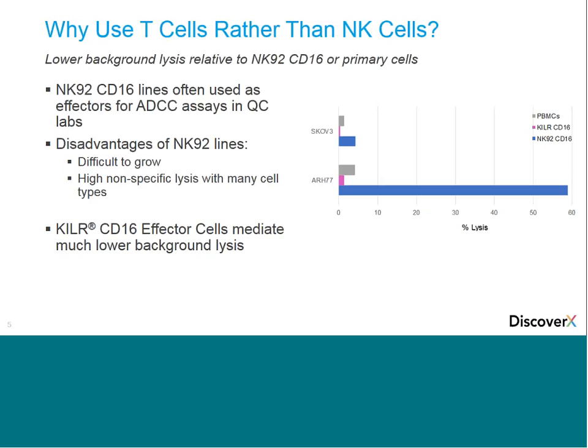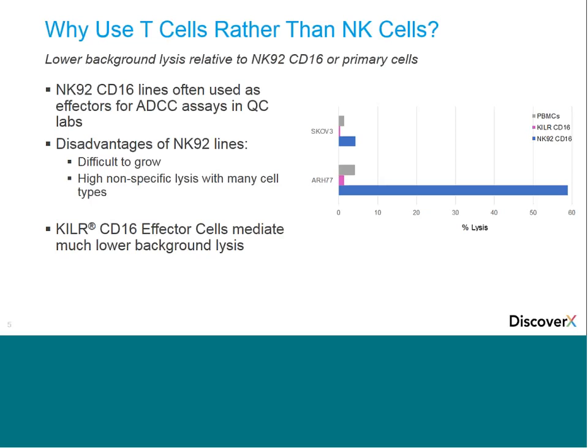SKOV3s are highly resistant to background killing by the NK92, and you can see it's the dark blue line showing very small and low amounts of background killing in this model, whereas ARH77s, which are a hematopoietic model and more typical of many different hematopoietic models, show very high background killing with the NK92, almost 60% lysis in the absence of antibody.